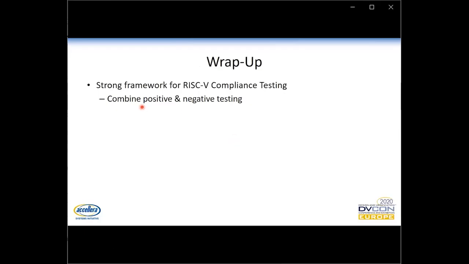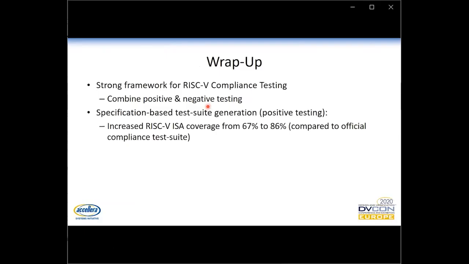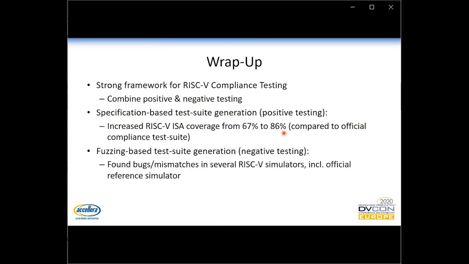And this framework combines positive and negative testing. I have discussed first a specification-based test suite generation, which allows to increase the ISA coverage significantly. And this approach is complemented with a fuzzing-based approach to focus on generation and testing of illegal instructions.